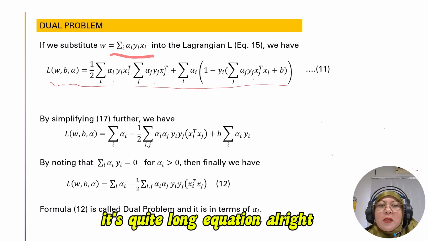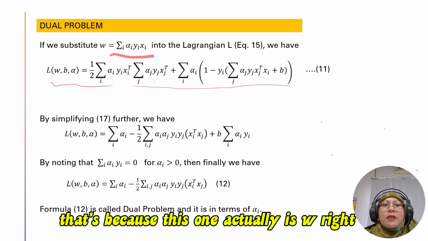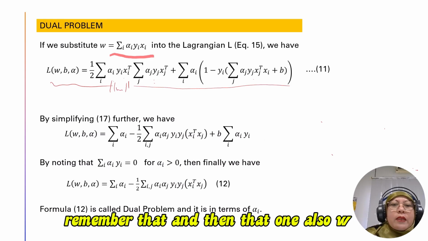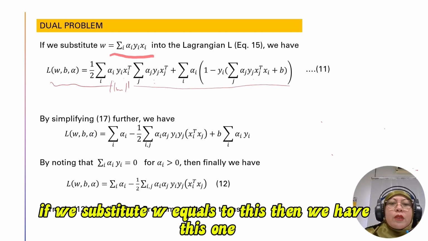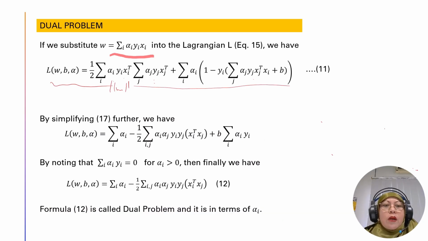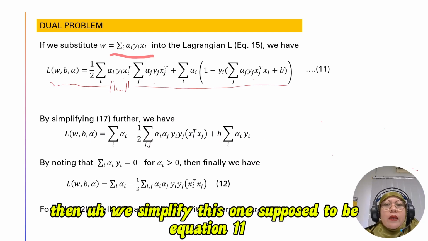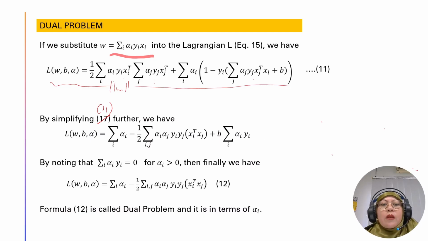It's quite a long equation, right? That's because this one actually is w, remember that, and that one is also w. So if we substitute w equals this, then we have this one. Then we simplify this one. It's supposed to be equation 11, sorry.